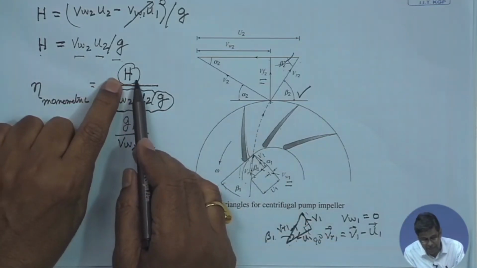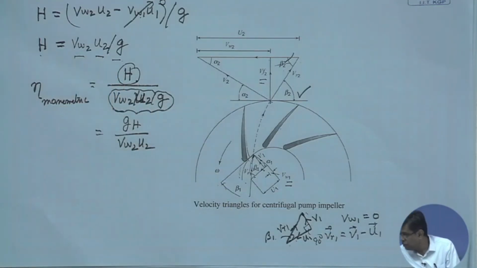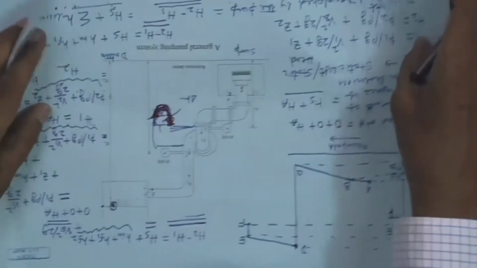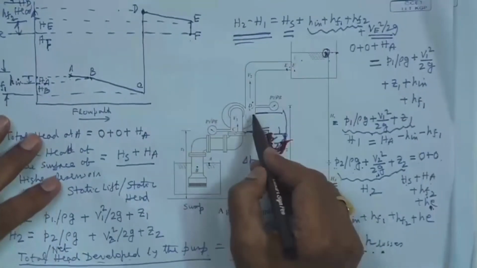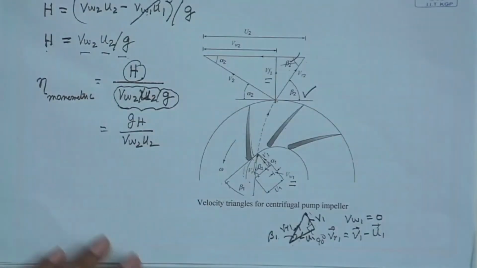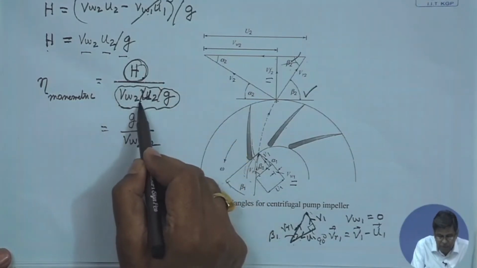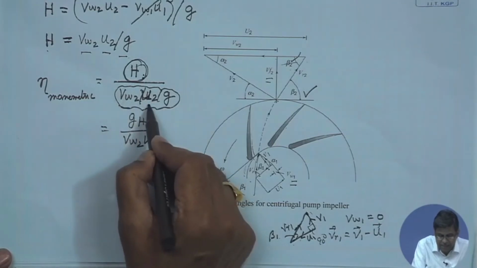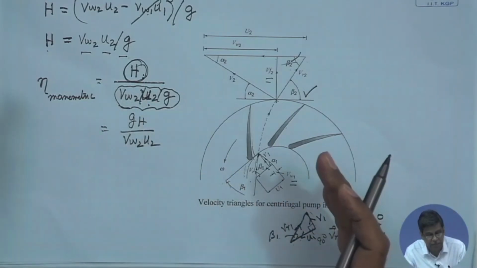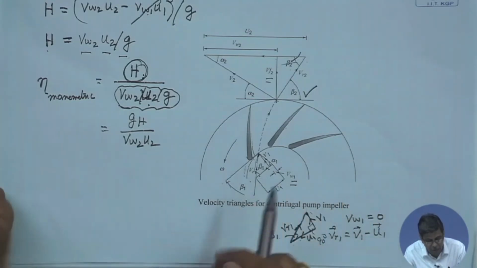This is the net head developed by the fluid, which we find by subtracting the total head at the outlet and inlet. This is different from that, and in fact it is less than this. Why? This is because of the viscous dissipation in the impeller of the pump and also in the diffuser.